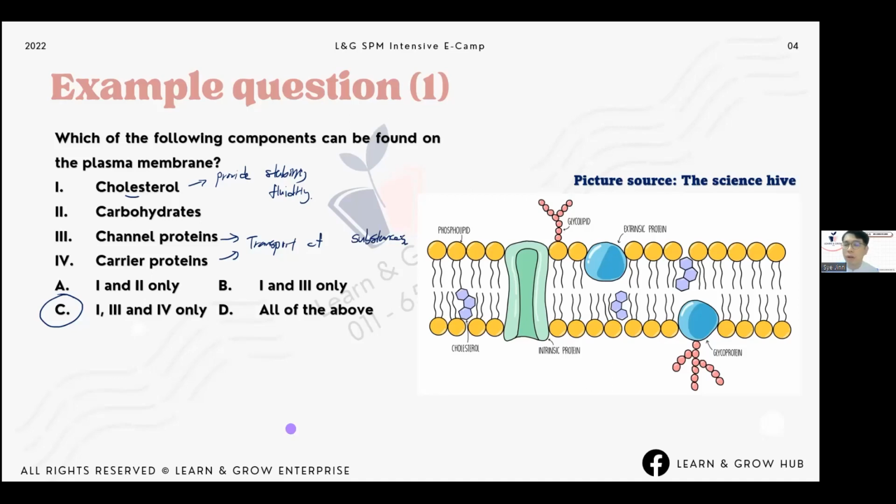But how about carbohydrate? You may agree that carbohydrate should be correct, but sadly carbohydrate is not the best answer in this topic. Why? Because carbohydrate will not stand alone or be present alone in the plasma membrane bilayer.